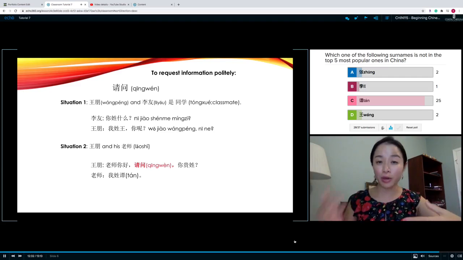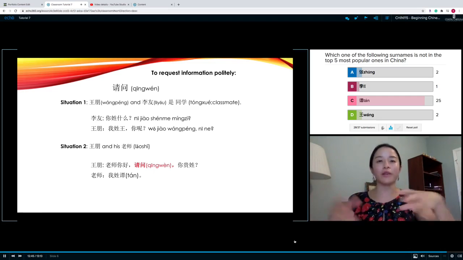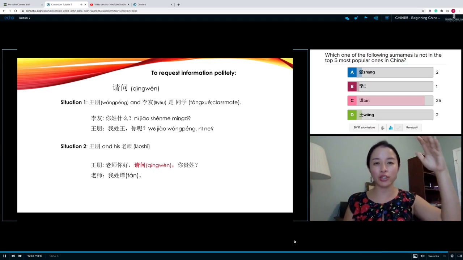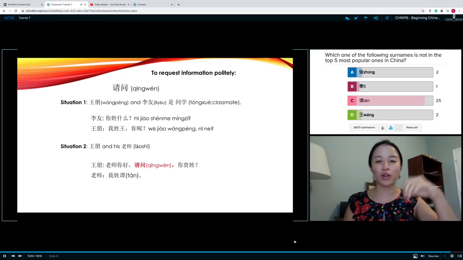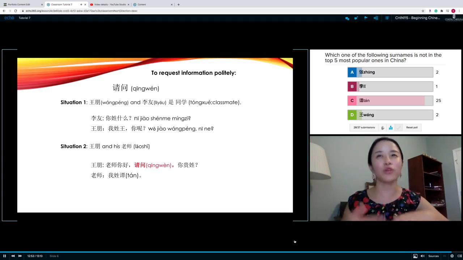So if the person is older or holds a more important position, like a hierarchy, especially in China, teachers and students are not really like friends. Students are supposed to respect teachers. So you use 请问 to make your request even more polite.